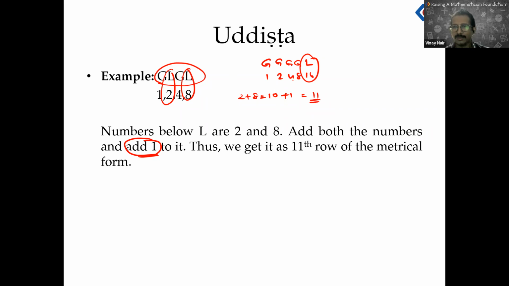Once we understand the logic, then we will understand why we took the number below L and not the number below G. But for that we need to understand this logic. So what I'm expecting from you is you'll spend some time thinking about it, and then we can discuss that in the help session. Some of you have understood it. You have sent me the reasons on private chat.